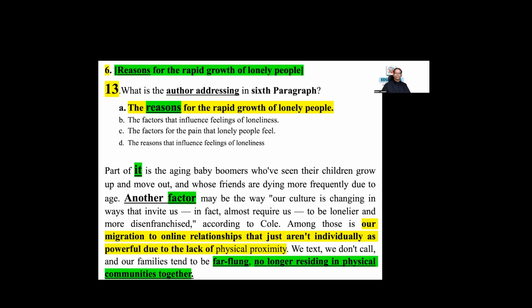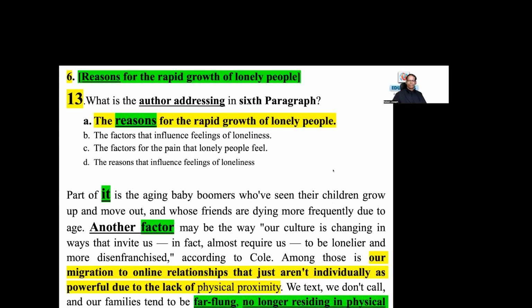What is the author addressing in the 6th paragraph? Part of it is the aging baby boomers who have seen their children grow up and move out, and whose friends are dying more frequently due to age. Another factor may be the way our culture is changing in ways that invite us, in fact almost require us, to be lonelier and more disenfranchised, according to Cole.